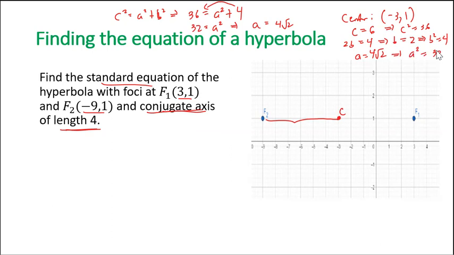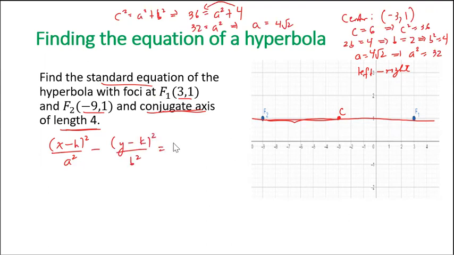So now the orientation. Since the center and the foci belong on the same horizontal line, the transverse axis is horizontal, which means that it is a left-right hyperbola. For a left-right hyperbola, the equation is (x minus h) squared over a squared minus (y minus k) squared over b squared equals 1.